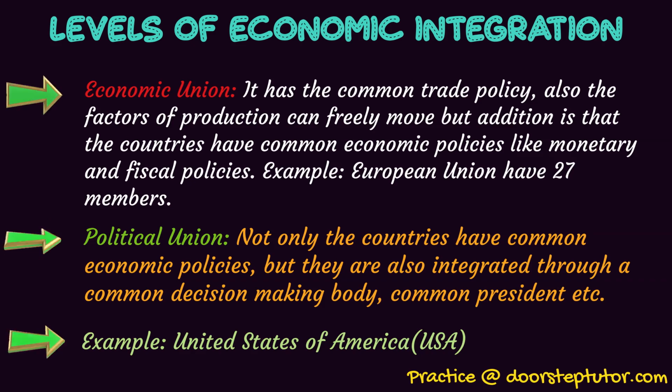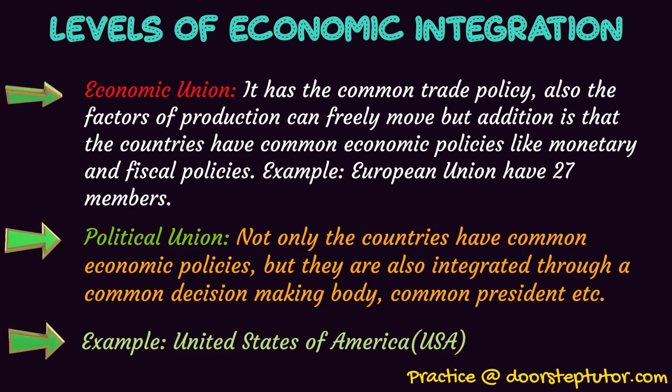Then the levels of economic integration we discussed, like preferential trade agreement, wherein the tariffs and custom duties are reduced, but not completely abolished. We discussed the example of India and Mercosur, which is basically a PTA.